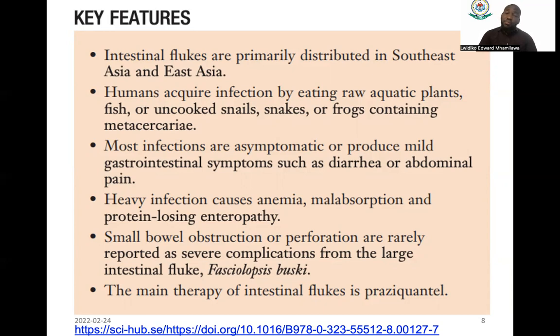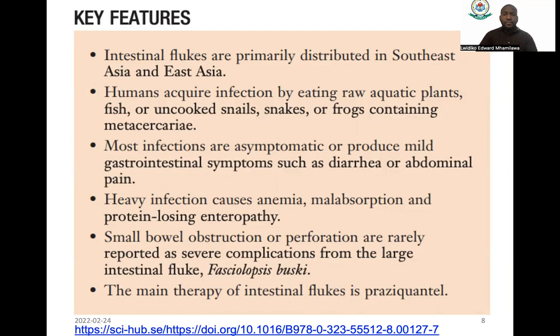Small bowel obstruction or perforation is rarely reported as a severe complication of the large intestinal flukes, such as Fasciolopsis buski. But obstruction and perforation is very common in other types of worms, as we've seen with Ascaris and things like that.